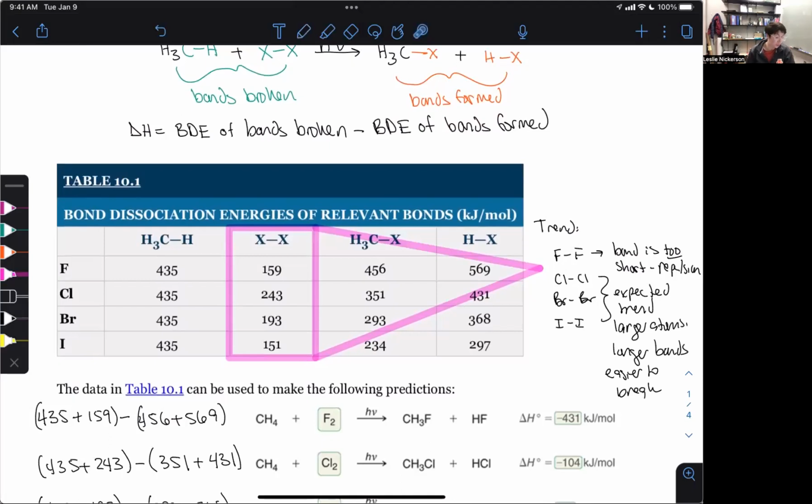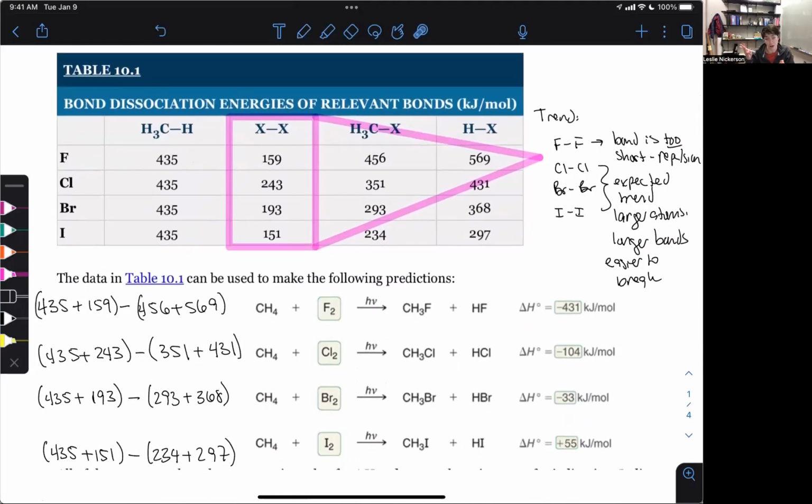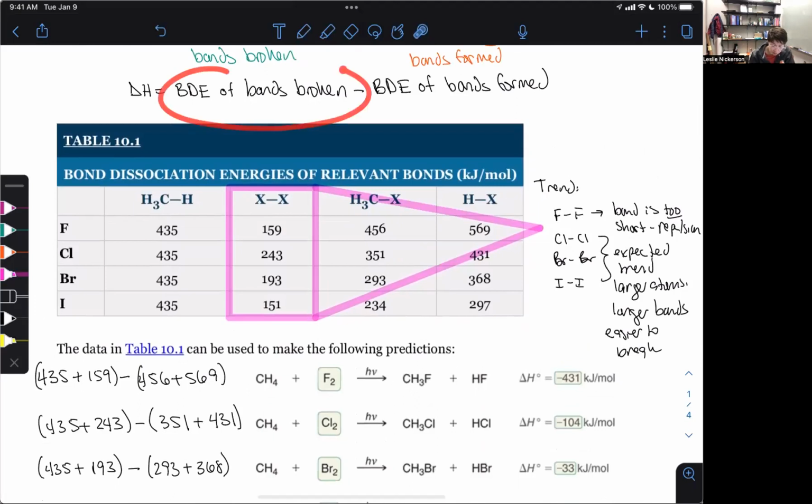So we're going to use these bond dissociation energies to look at the exothermic or endothermic properties of the 4 different halogenation reactions. Okay, so we want to keep in mind here, we're looking at the sum of bonds broken minus the sum of bonds formed.